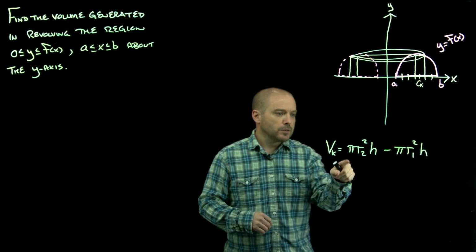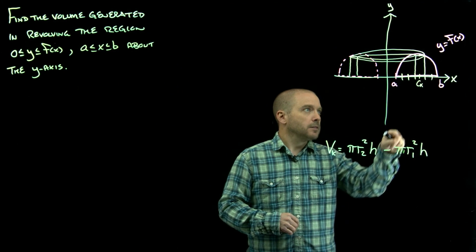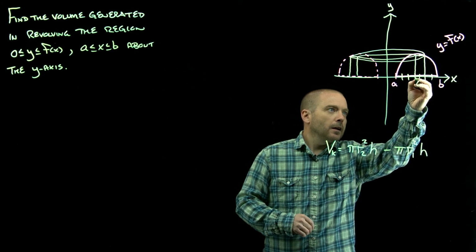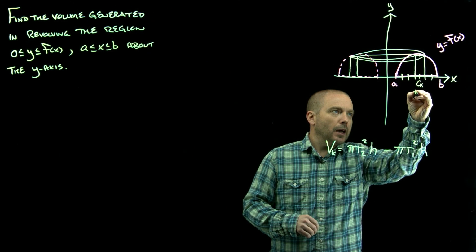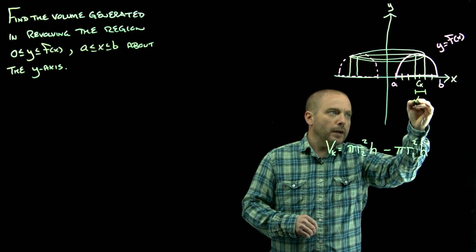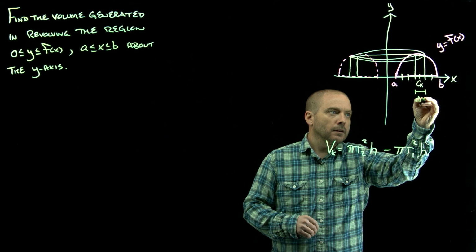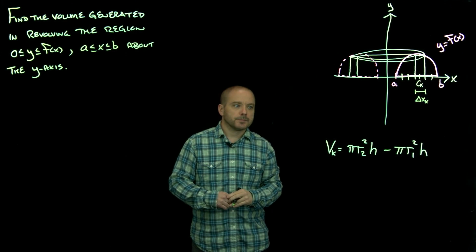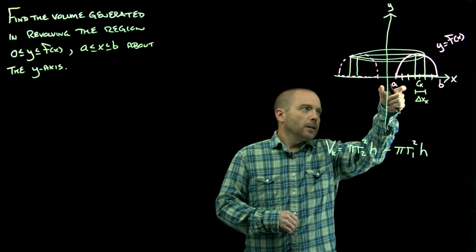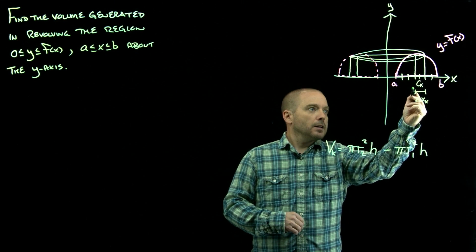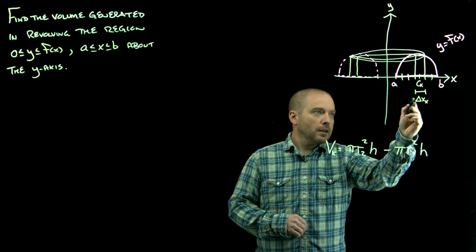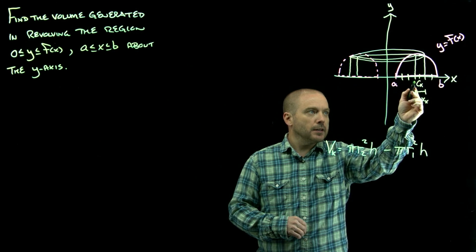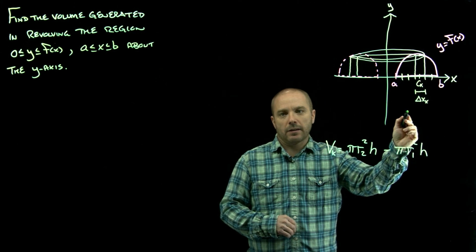So what I want to do is express these quantities in terms of what we have here. Well, I'm going to take that c sub k to be right in the center of that subinterval, so that the radius of the bigger cylinder is just c sub k plus half of delta x sub k, and that smaller radius is c sub k minus half that distance.